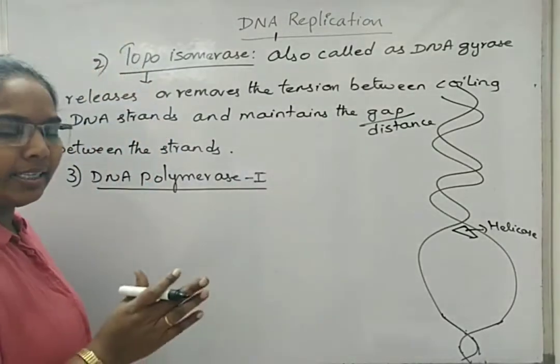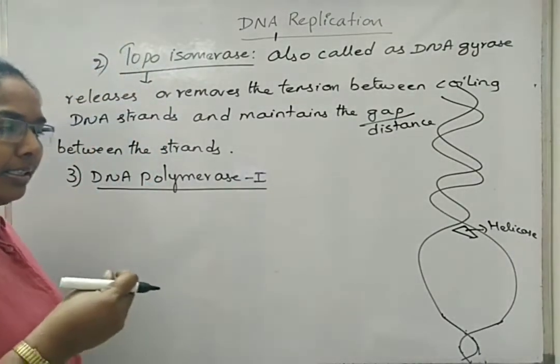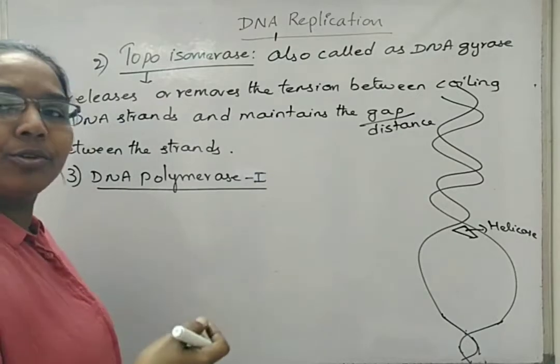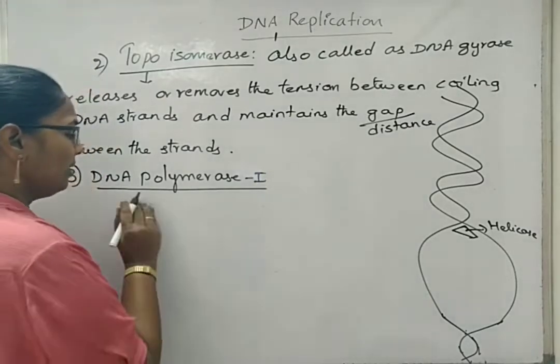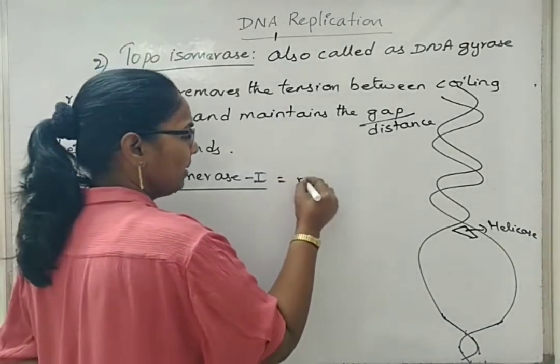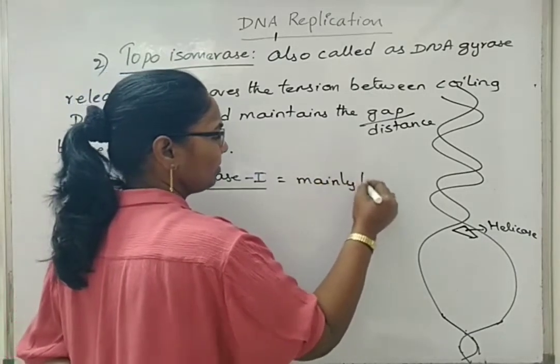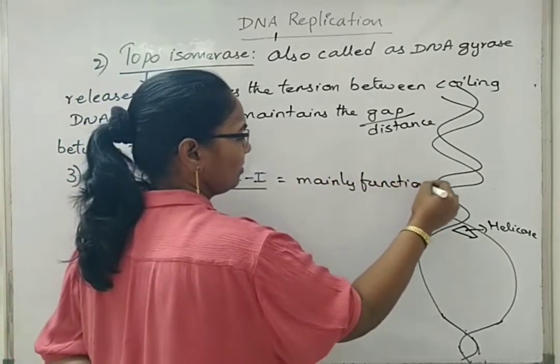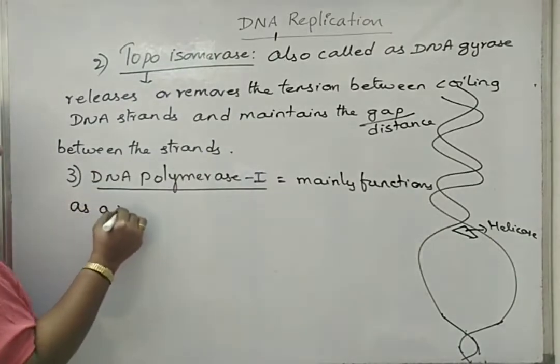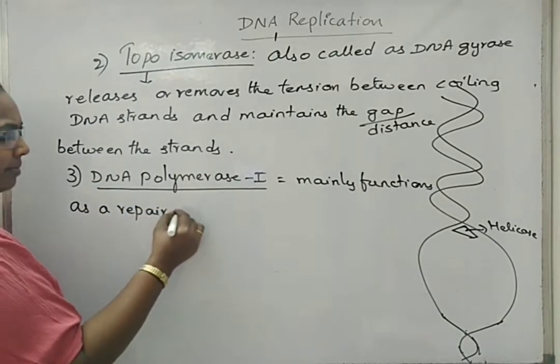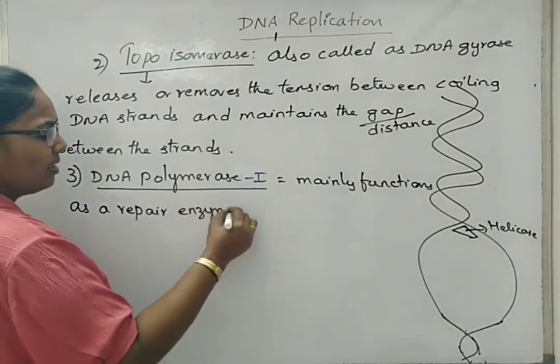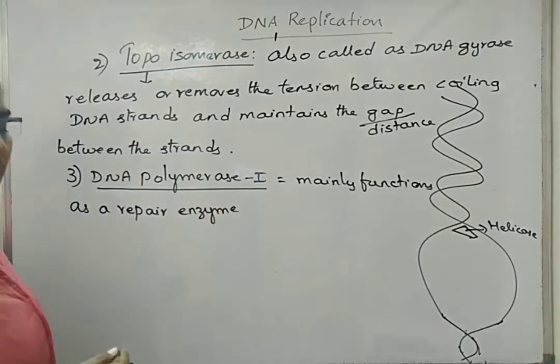Initiation is done by unwinding helicase, but it is also helping in the addition of new nucleotides. DNA polymerase 1 mainly functions as a repair enzyme, so it is also called a DNA repair enzyme.